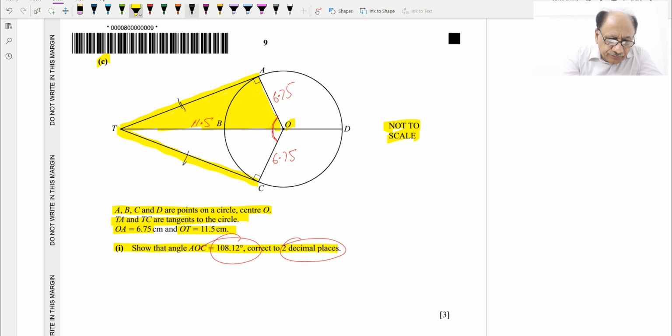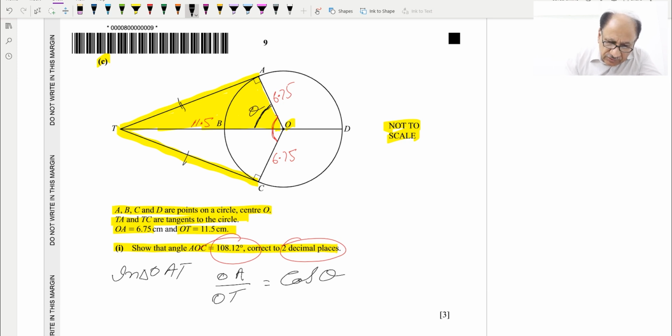Now we will be considering this triangle, we will be focusing on this angle. First we will find this angle. So we can write in triangle OAT, OA over OT is equal to cos theta, and we can take this as theta.